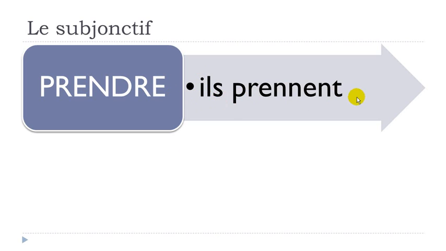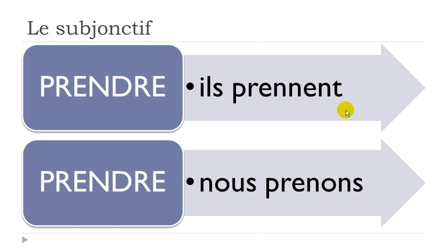Ils prennent, so that's the present form for ils. And then we've got nous prenons, because remember, we're using this nous prenons form for nous and for vous of the subjunctive. So we can first spot the ending, because we know that ENT is the ending for ils, and then ONS is the ending for nous.